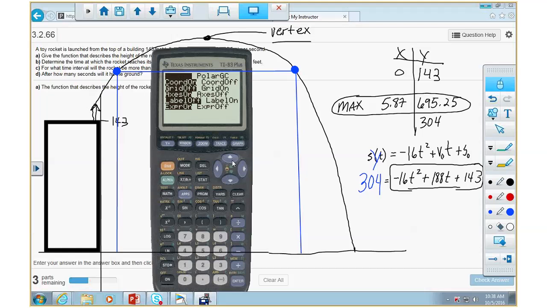Or what we can do is go to second function, trace, and no, go to graph, and hit trace, and find 304, or the closest thing.